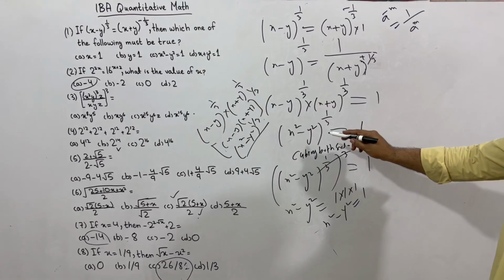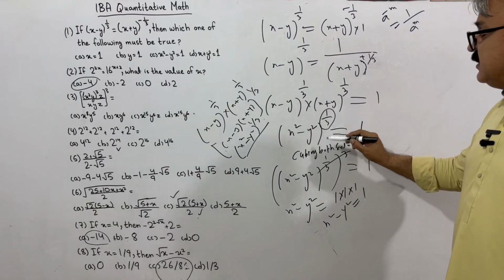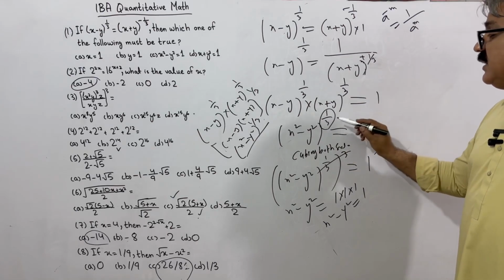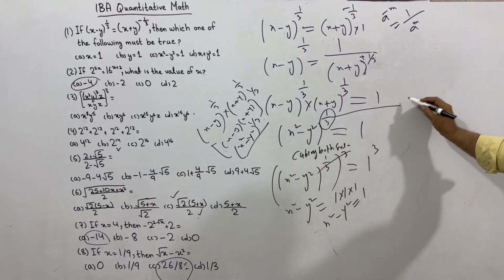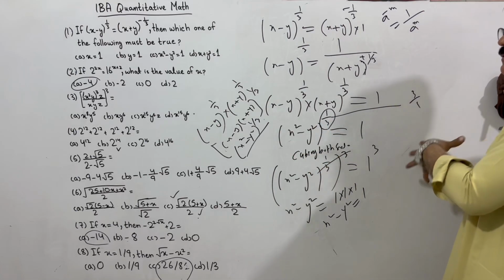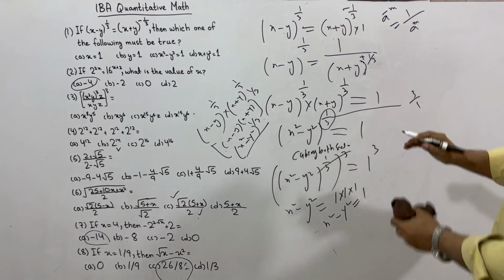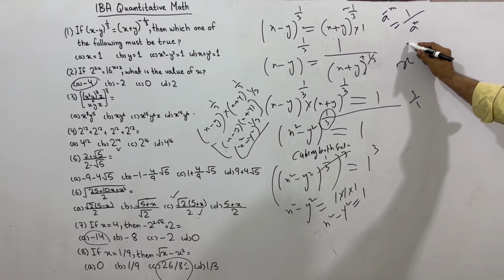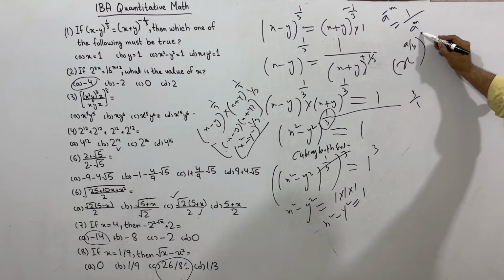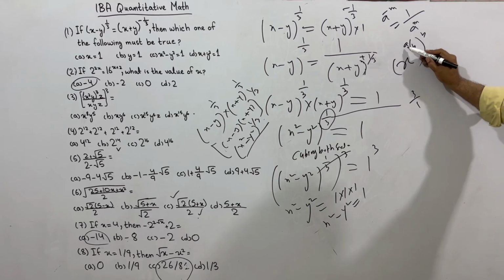So, to get rid of 1 over 3, take the cube. Or you can take the reciprocal of the power. There is 1 over 3, which means 3 over 1. Taking the power 3 over 1 on both sides, 3 over 1 means cube. If such a power a over b is present, then to get rid of a over b, take the reciprocal power.